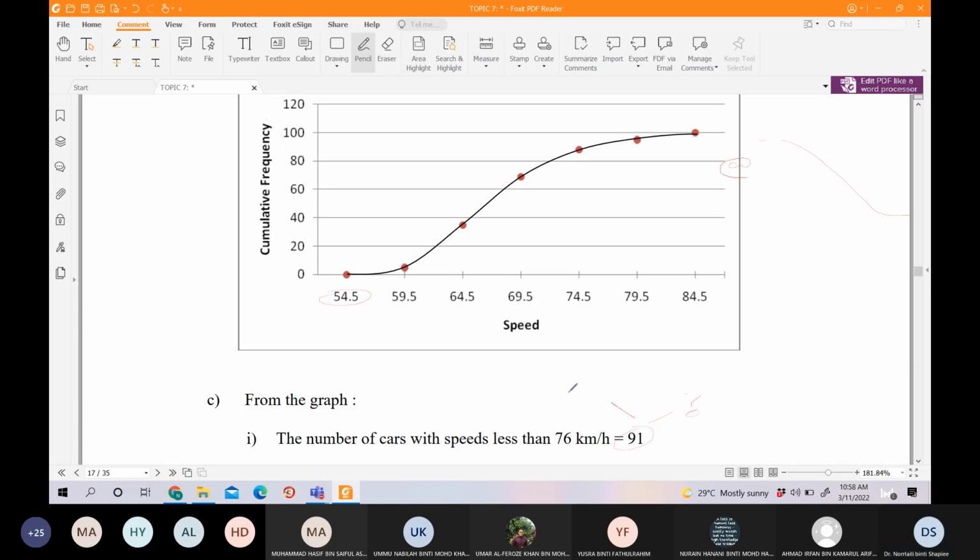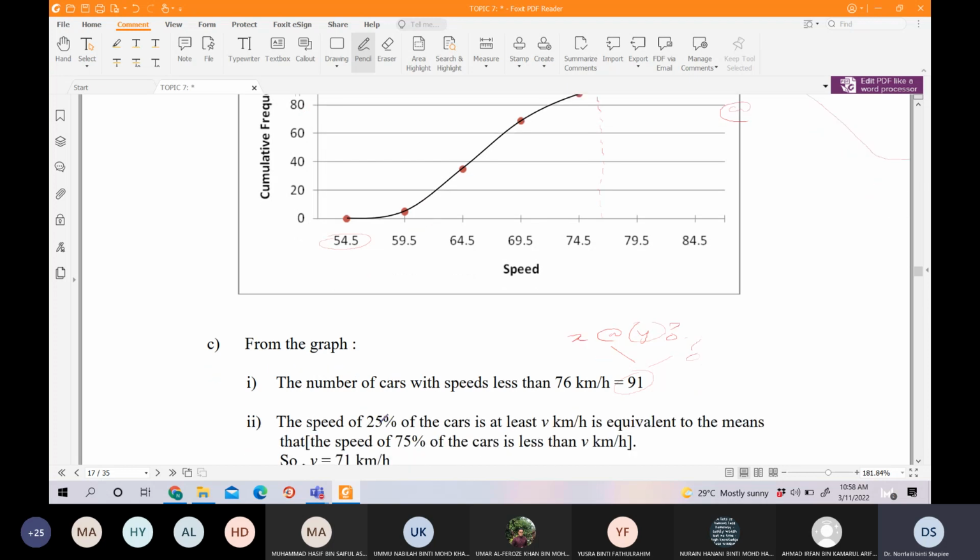This one. Why? So we get 91 on the y-axis. From where? 76 km. So let's say this one is our 74, and 76 is like this one. Okay. So you have to draw the dotted line like this one. So this is how to find the estimated number of cars. So this one is our 91, let's say. Okay, you can follow this. Next.